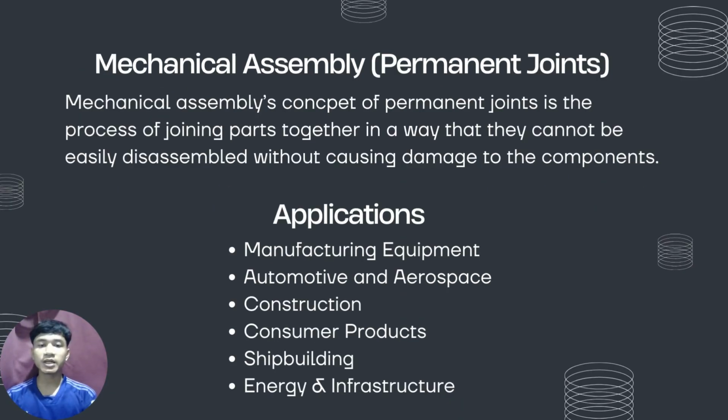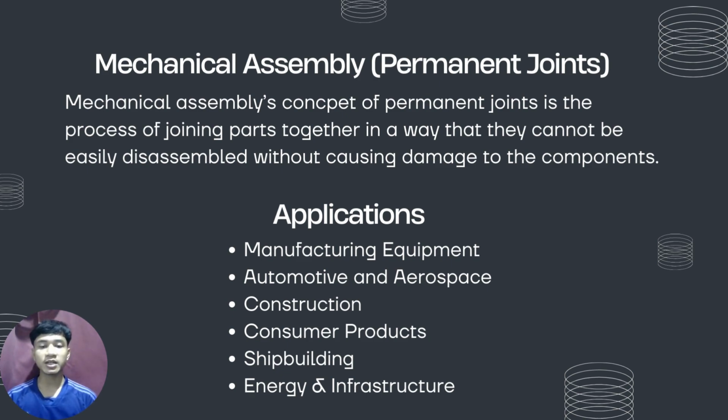Okay, next, mechanical assembly for permanent joint. The concept of a permanent joint is the process of joining parts together in a way that they cannot be easily disassembled without causing damage to the component.